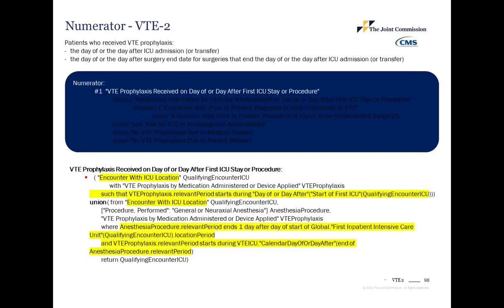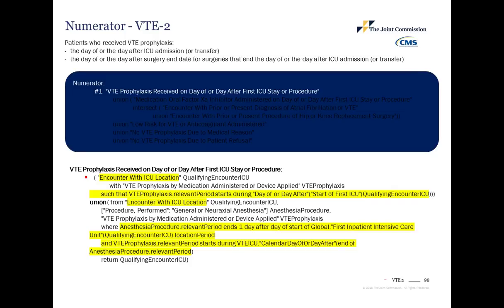Now in slide 98, in the first numerator condition, there are 2 different timing conditions that are unioned together. So either timing condition will satisfy the numerator. The first timing condition is looking for VTE prophylaxis to occur on the day of or the day after the start of first ICU.